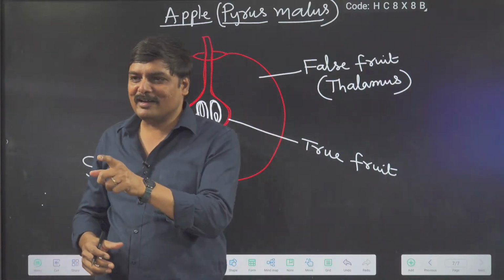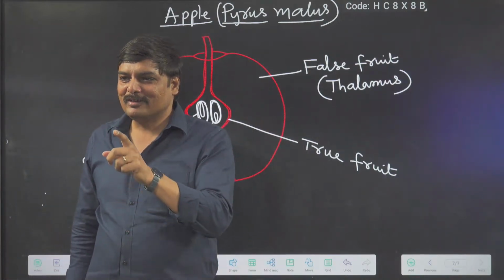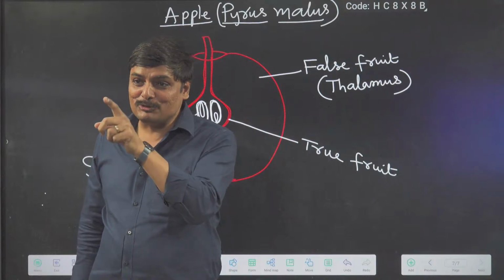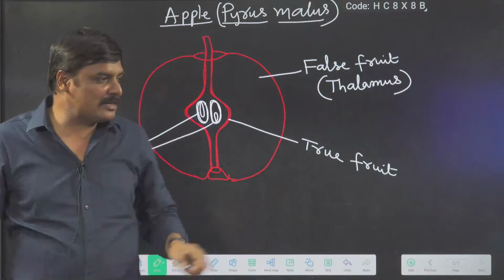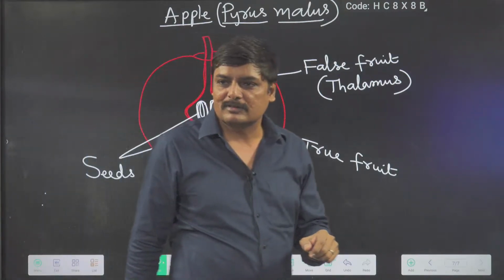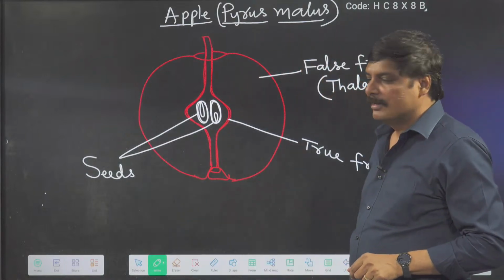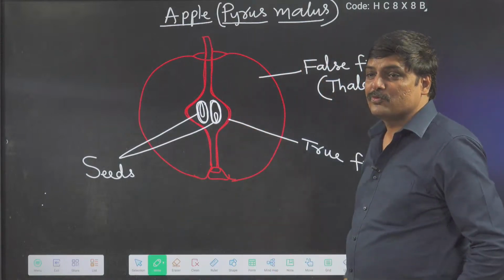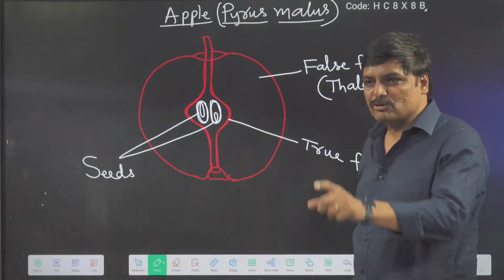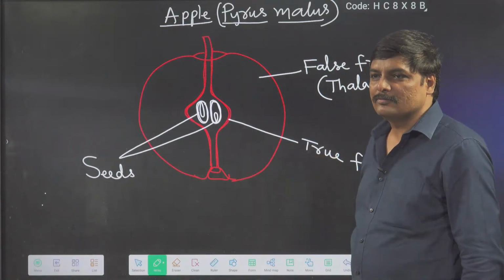Some are giving correct answer. Some of you are writing 2 seeds. Are seeds present in the true fruit or false fruit? Seeds are present in the true fruit. Is true fruit edible? No.